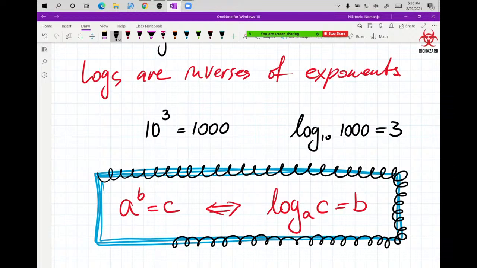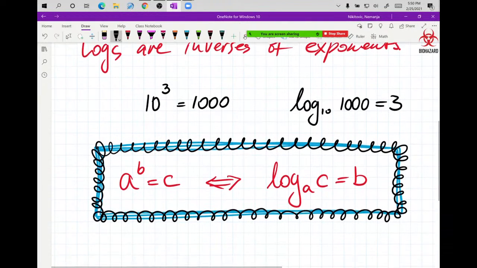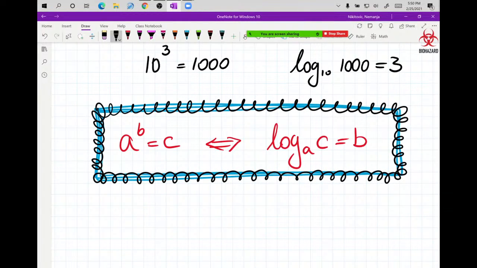So this is what the inverse of it looks like? So you can convert between two forms. Now, to compute logs, you need to consider exponential functions, consider exponents. That's one way. And obviously another way is a calculator.